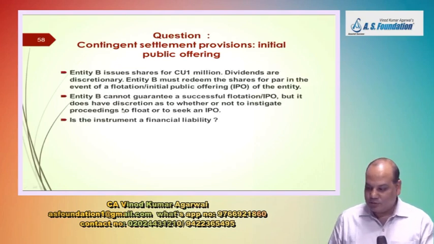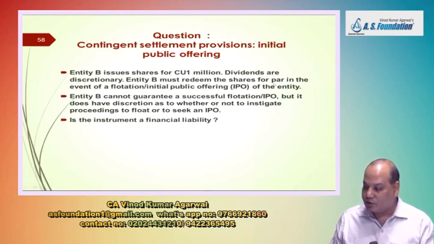Question is, entity B issues shares of currency unit 1 million. Dividends are discretionary. Entity B must redeem the share for par. So dividend is discretionary; that portion is equity. What about redemption?